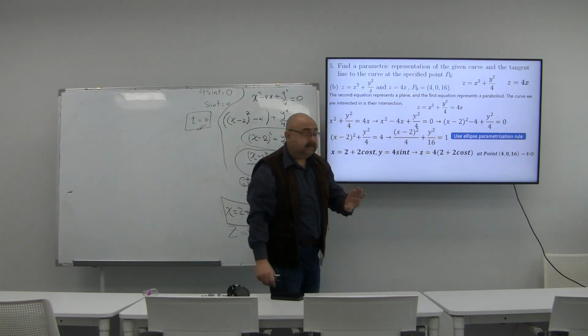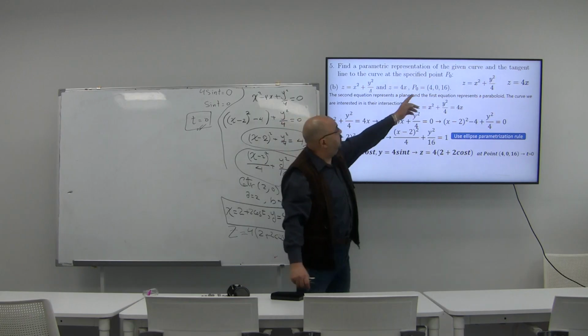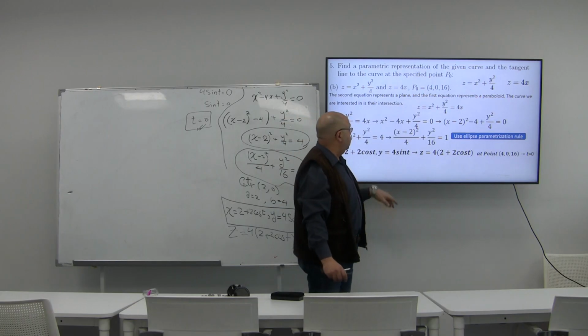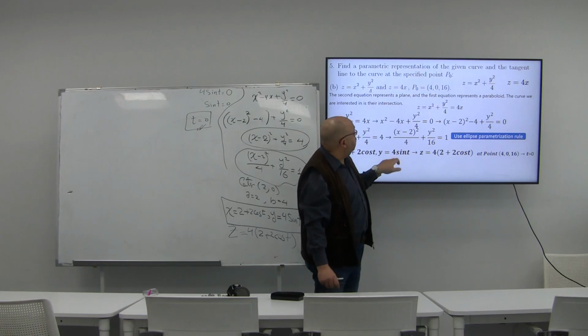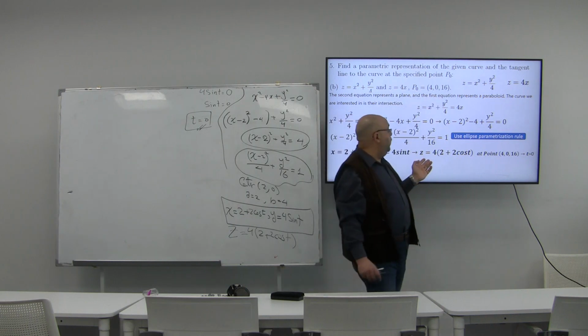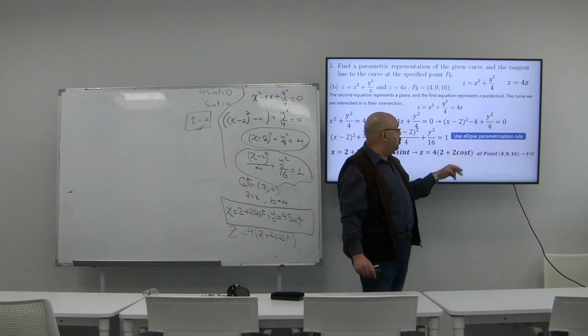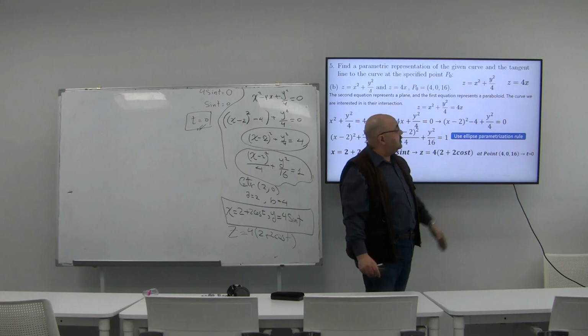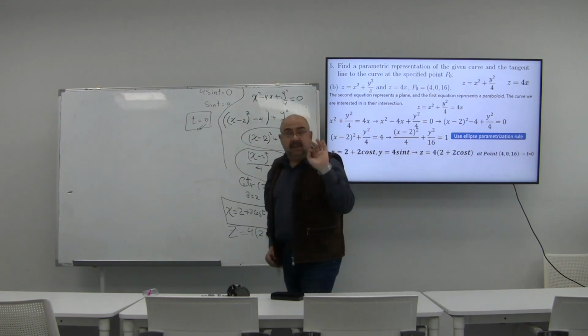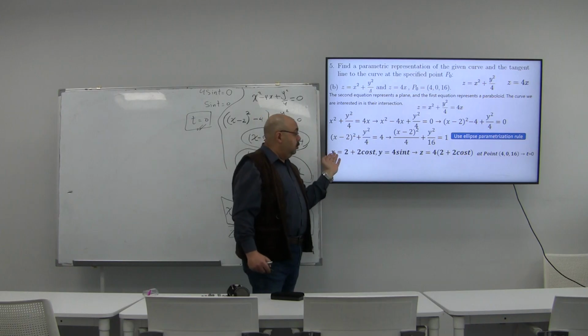Let's check that. Cosine 0 is going to equal 1, so the x component is equal to 2 times 1, which is 2, plus the shift, giving 4. We are in a very good condition. Sine 0 equals 0, so y is going to be 4 times 0, which is more than perfect. For the third component, it's going to be cosine t, which is cosine of 0, which is 1. So it's going to be 2 plus 2, which is 4. 4 times 4, it's going to be 16. So that's the value of t. Now I have the value of t, and I have r with me.